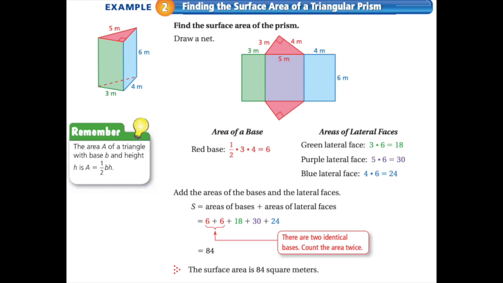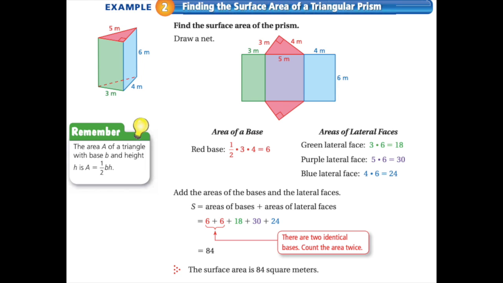So for here, you would actually have to find the area of the base. And so that's using the formula of the triangle, which is area equals 1/2 base times height. So with this triangle, you can see where the base is 3 and the height is 4. And so when you take half of 3 times 4, you get 6.